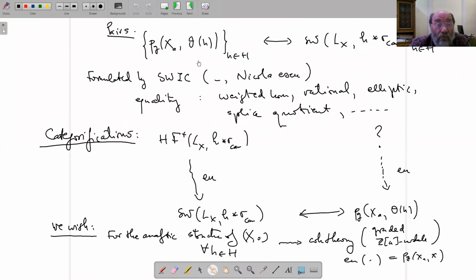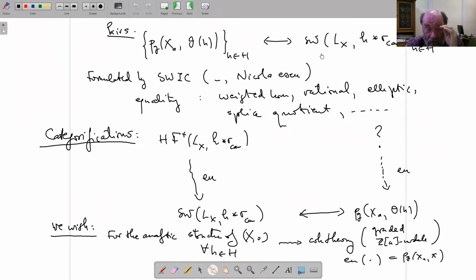Let's put them in pairs. On the left-hand side, I have what is associated with the analytic type of X: the equivariant geometric genus, indexed by H. These are numerical invariants. On the right-hand side, we have the link, the spin-C structures indexed by H, and the Seiberg-Witten invariants.